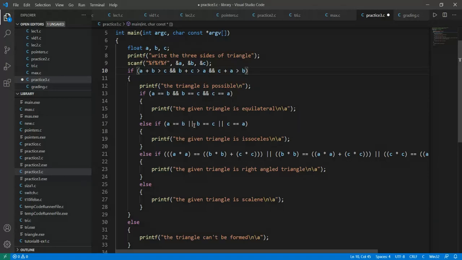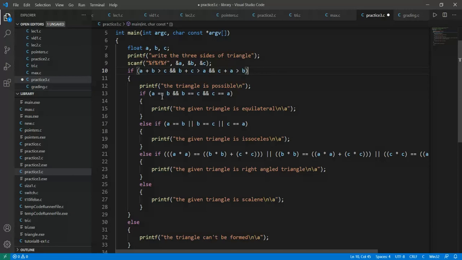Now if one of them is satisfied, either this or this, this is the symbol for or, then printf the triangle is isosceles. If one of the three conditions is satisfied, then it is an isosceles triangle. Now if we see this if and this else if, else if means either this if will be used or this if will be used.